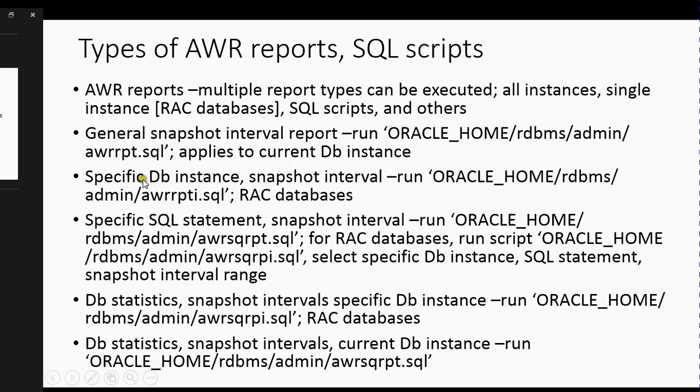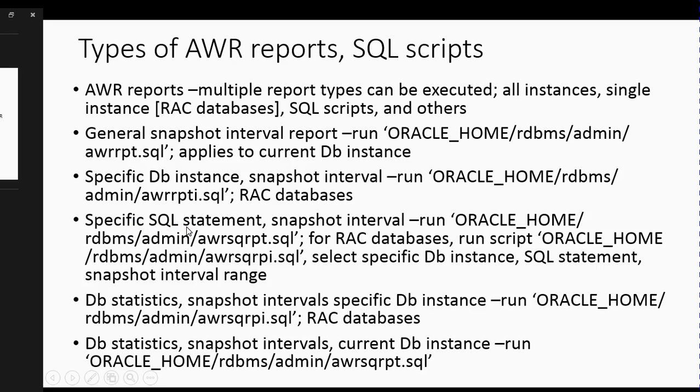If you have multiple instances configured on your system, you can run this next script, which is for a specific database instance if you have a snapshot enabled. Again, go back to Oracle Home, RDBMS admin, awrrpti.sql, and this applies to RAC databases.